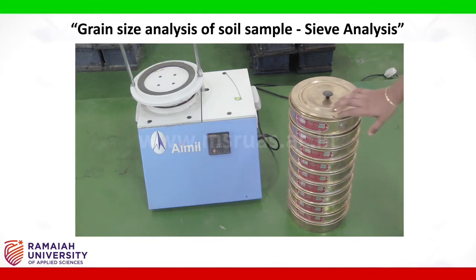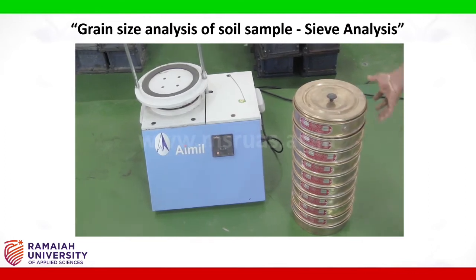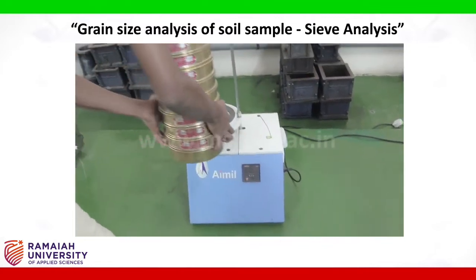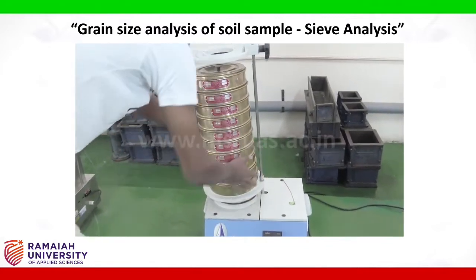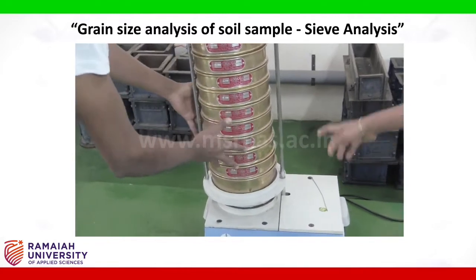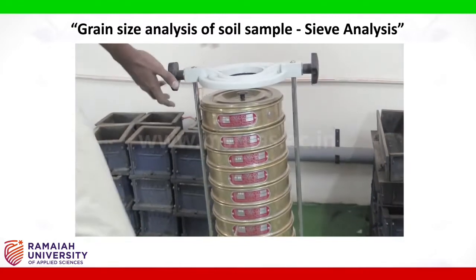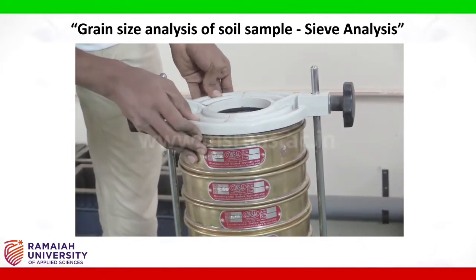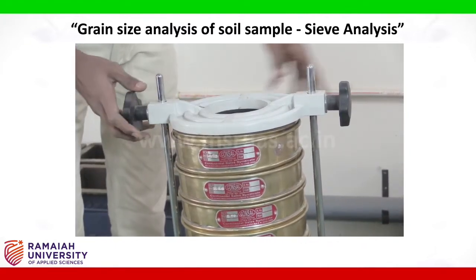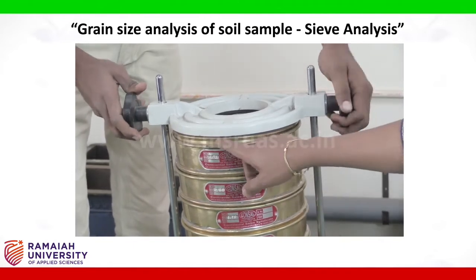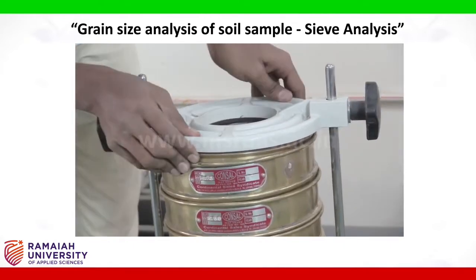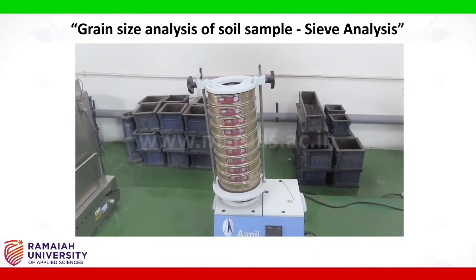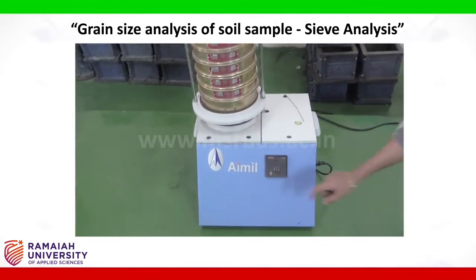Now, place the sample in the mechanical sieve shaker. Adjust it to the center and then fix it using the screws. Make sure that the lid is tightly inserted into the sieve. After fixing the screws, set the dial to 10.